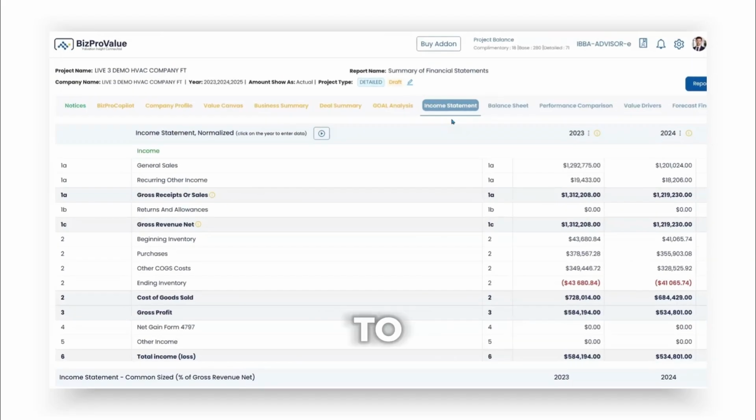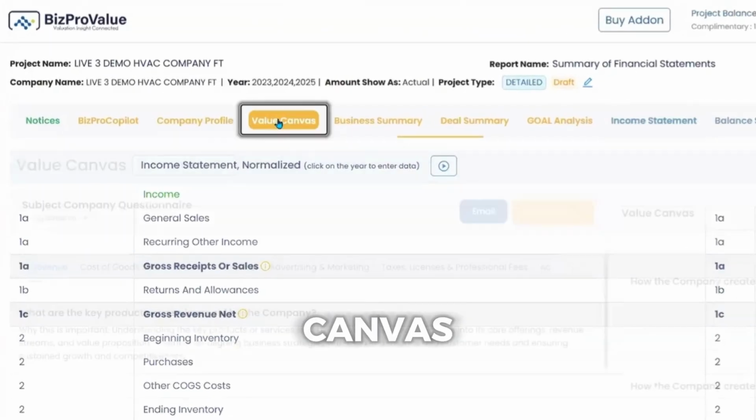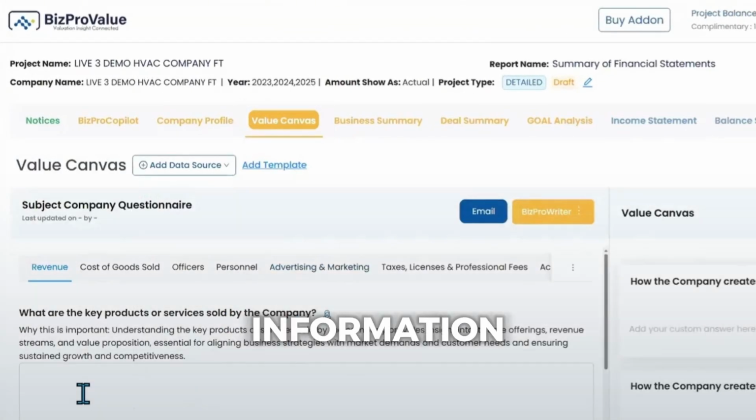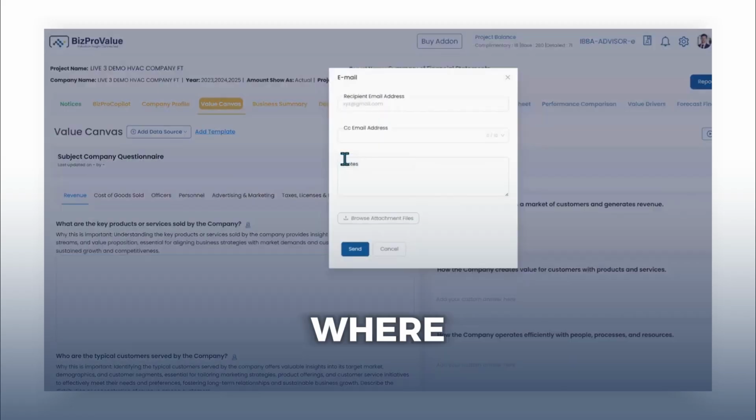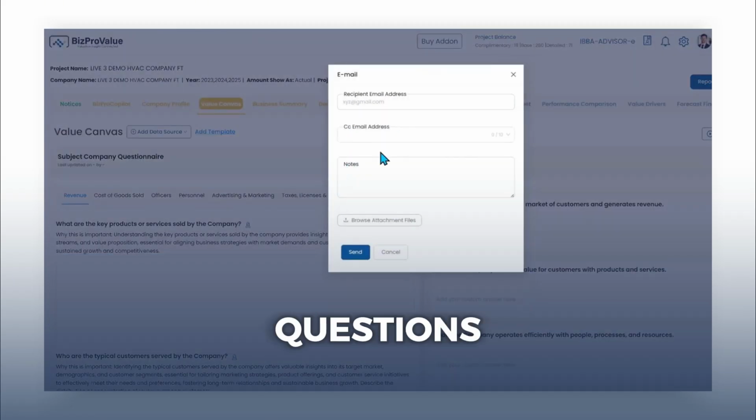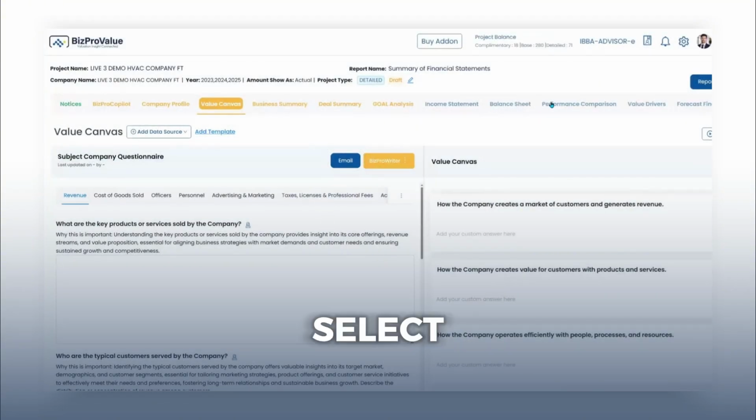So we want to gather that information in the value canvas. We can enter that information manually. We can capture that information by emailing it to the seller, where the seller would see these questions, or we can use, now in the advisor plan, the transcript file.